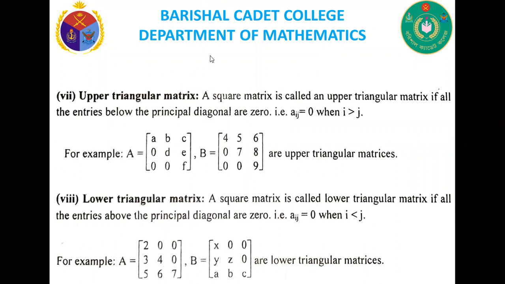Here, easily you can realize that all the elements under the principal diagonal have some value, but the elements on the upper side of the principal diagonal are exactly 0. If this happens, in this case we can say that these are the lower triangular matrix. So I think easily you can understand what is upper triangular matrix and what is lower triangular matrix.